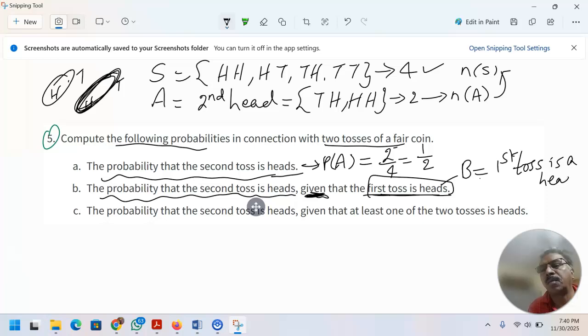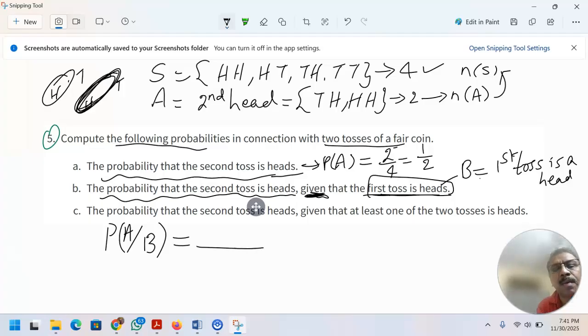So we need to find the probability that, knowing the first toss is a head, the second one is head. Now, by definition of conditional probability, this is probability of A and B divided by probability of B.